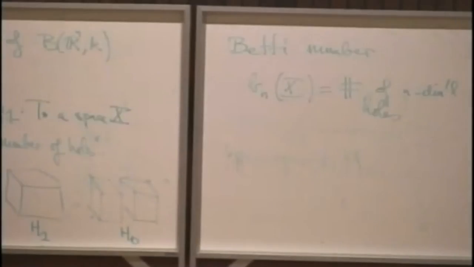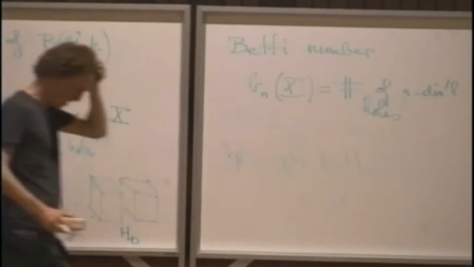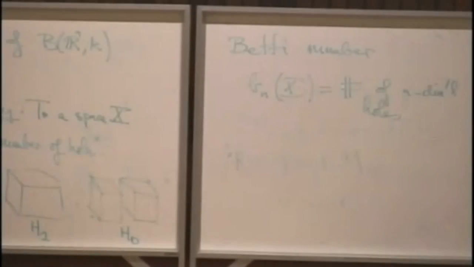So what I mean by understand the topology is understand the homology or the Betti numbers of the spaces. And if I was only talking about the underlying manifolds, that would be a very easy question.